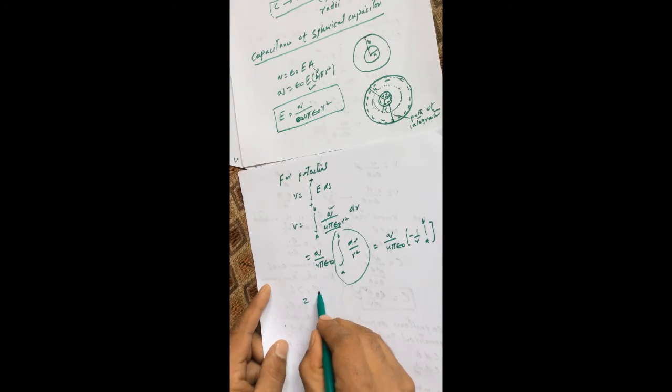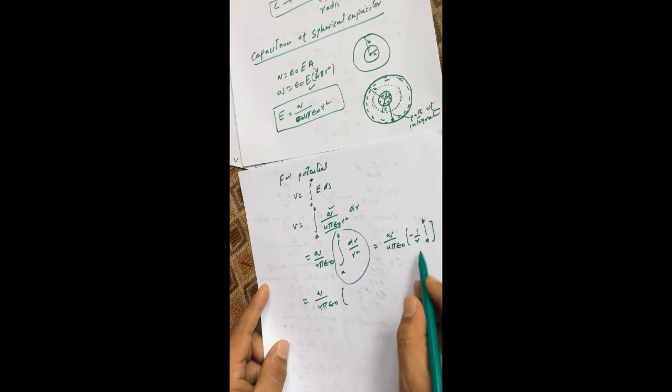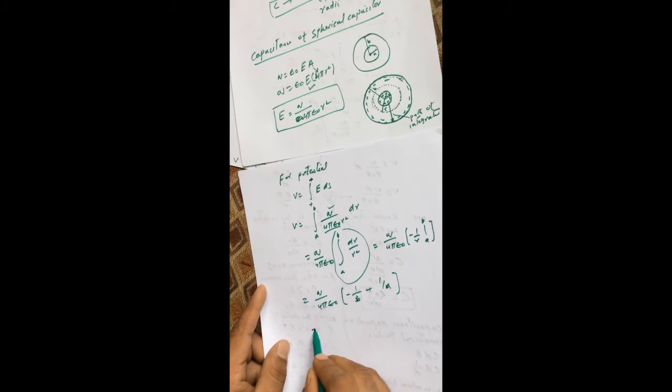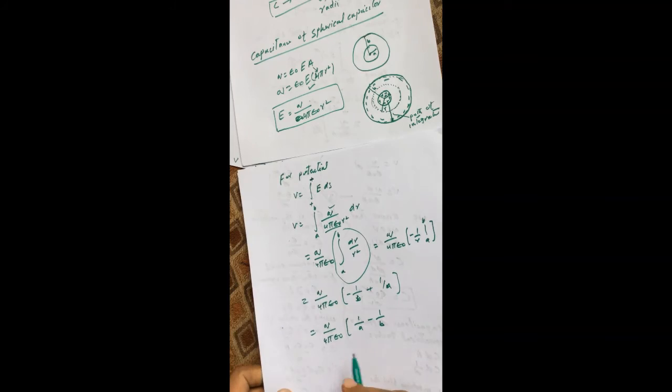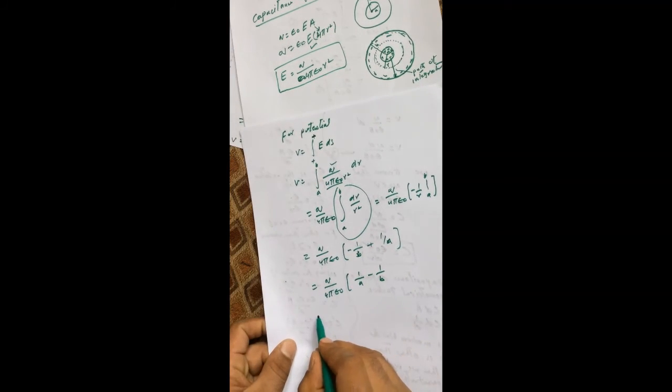This will be equal to Q over 4 pi epsilon naught into, if I put the limits, minus 1 over B plus 1 over A. I can write it as Q over 4 pi epsilon naught into 1 over A minus 1 over B. Now we can further simplify this equation.